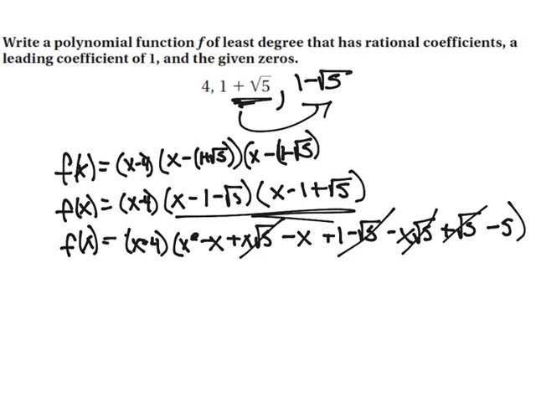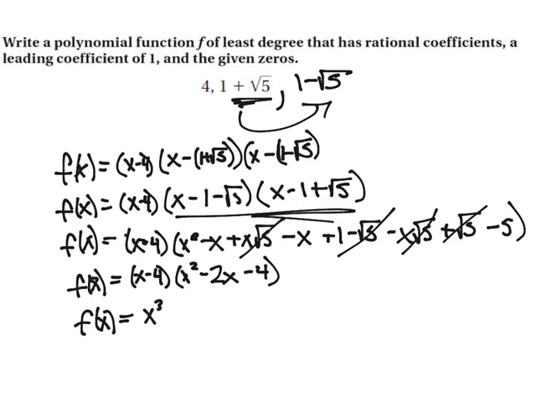And you end up with f of x equals x minus 4, x squared minus 2x minus 4. And then you need to distribute again.